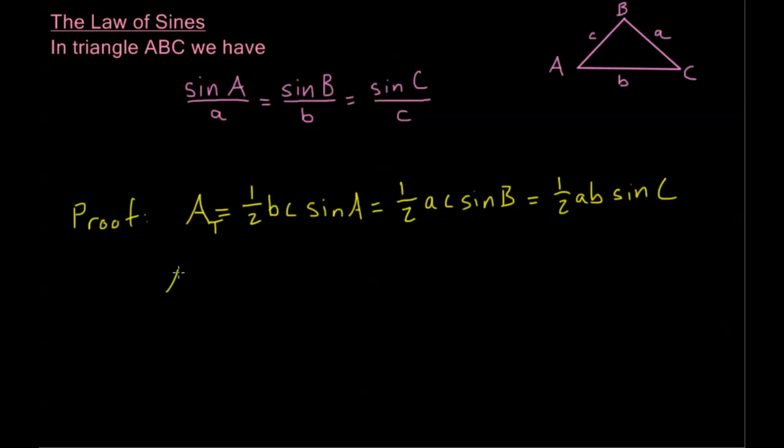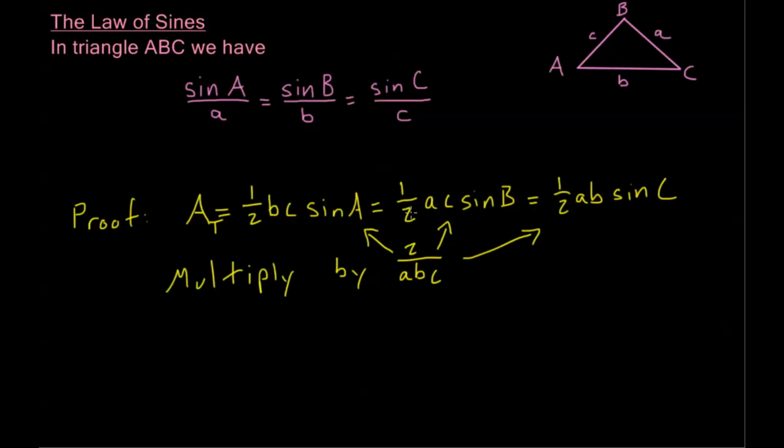Now if I multiply through on all sides of this identity by 2 over abc, here the b and c will cancel, and I'll get sine A over a.